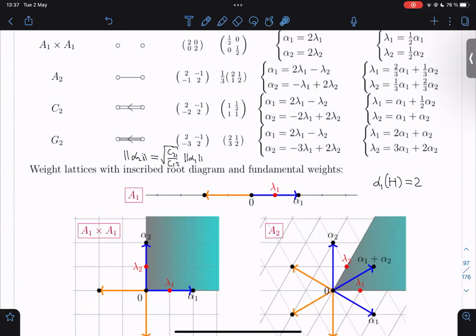If you want to look at the root lattice, it's the lattice 2Z. So you have 0, 2, 4, 6, and then also on the minus side, -2, -4. That's coarser than the weight lattice. The weight lattice is at these integers.